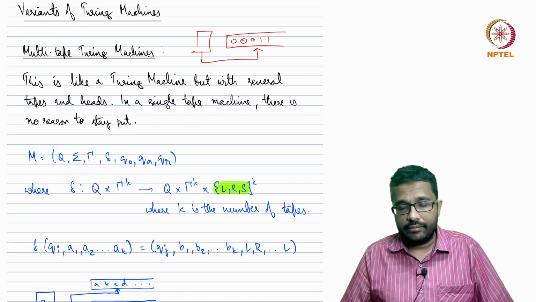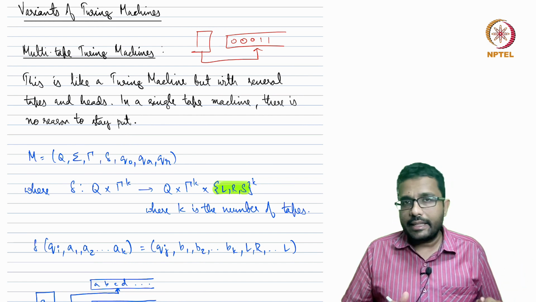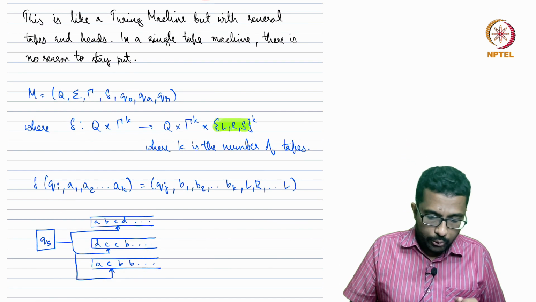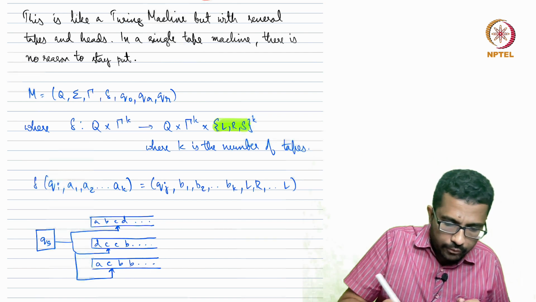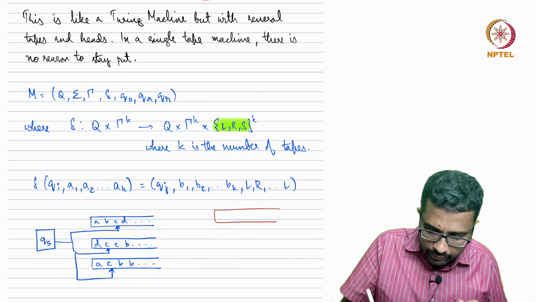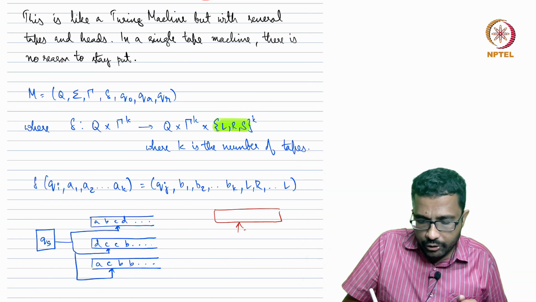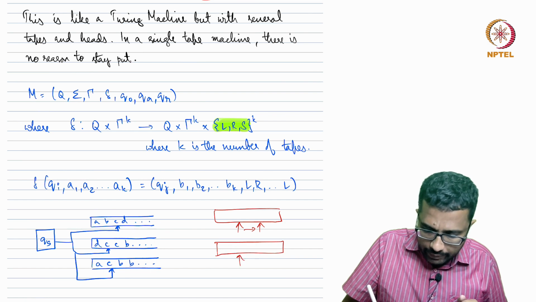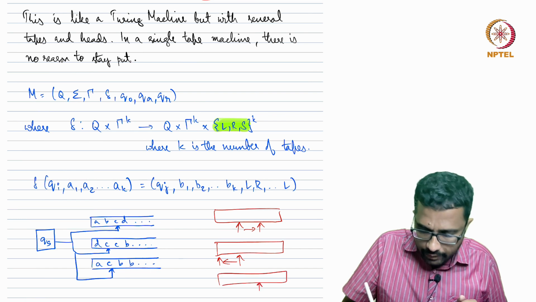Whereas in the case of multi-tape Turing machine, the stay option becomes meaningful, because maybe the move is in such a way that in the first tape the head has to move to the right side, and in the second tape the head has to move to the left side, and in the third tape we just want the head to stay wherever it was.